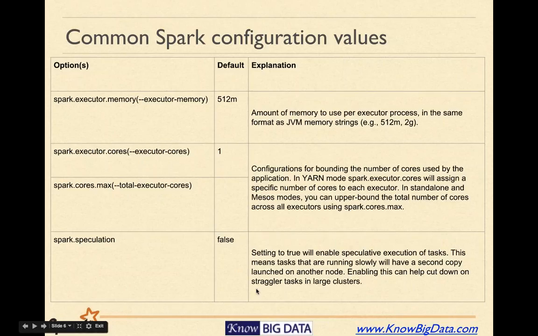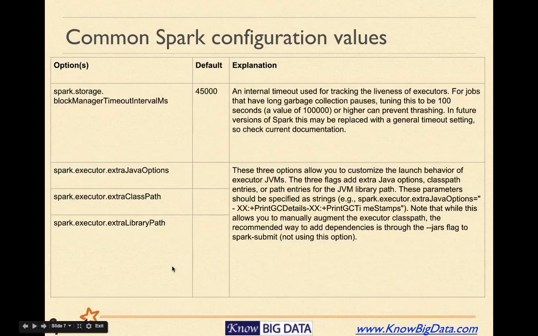If there's one task which is not finishing while others are finished, the same task will be executed somewhere else, and whatever finishes first takes the precedence. That's like duplication of effort, but that generally increases the overall duration.